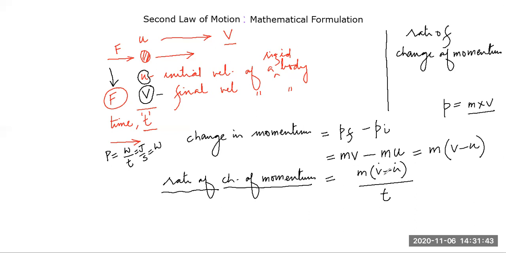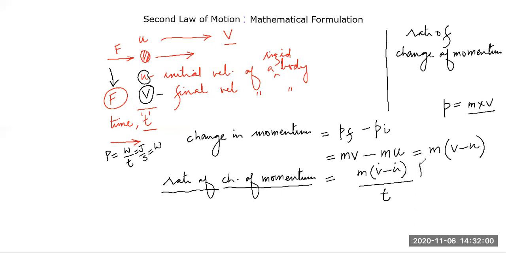What is the change in velocity? v minus u. And what is the change in momentum? mv minus mu. So the rate of change of momentum is m into (v minus u) by t.